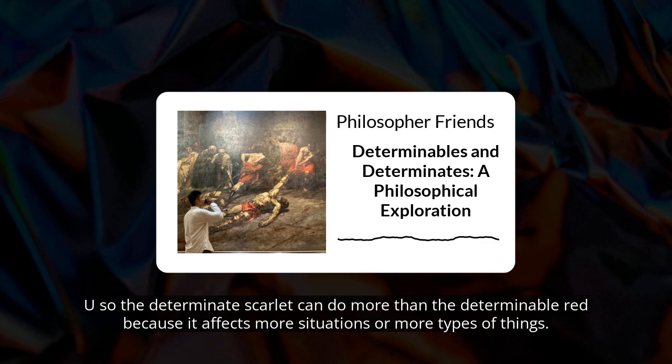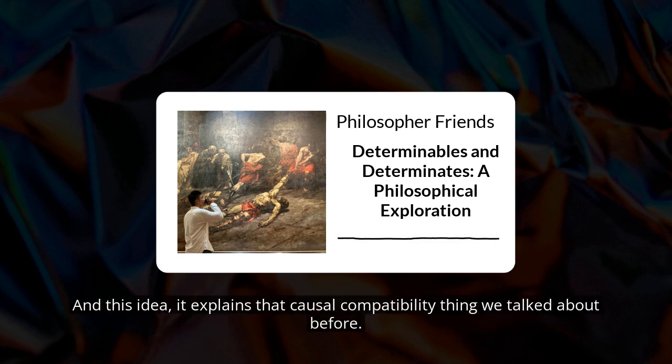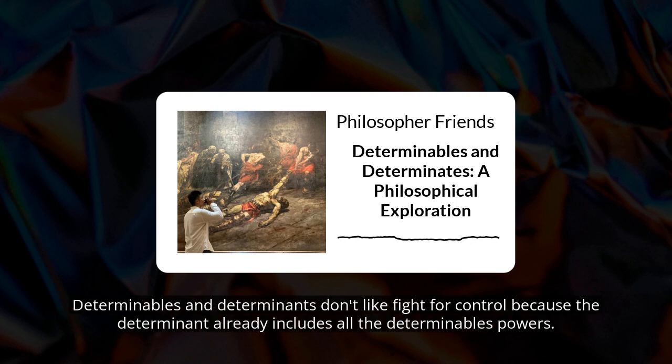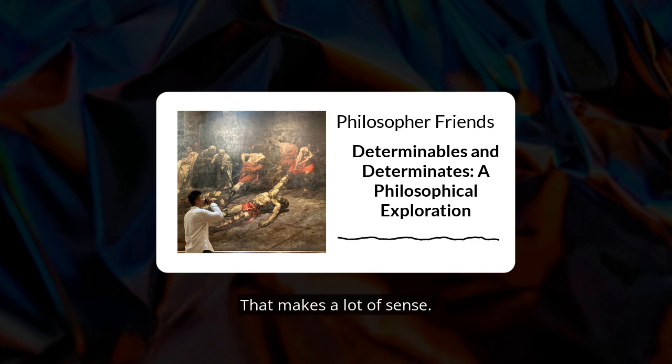Ah, so the determinate scarlet can do more than the determinable red because it affects more situations or more types of things. Exactly. And this idea explains that causal compatibility thing we talked about before. Determinables and determinants don't fight for control because the determinant already includes all the determinable's powers. They work together. That makes a lot of sense.